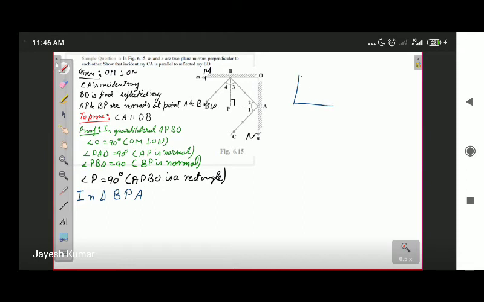Let me remake the figure. This is point B, this is point P, this is point A, and this is 90 degrees. I am going to derive the sum of these two angles. In triangle BPA, the sum of all three angles is 180 degrees, by the angle sum property.